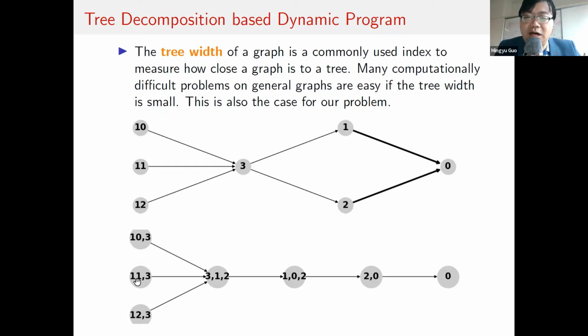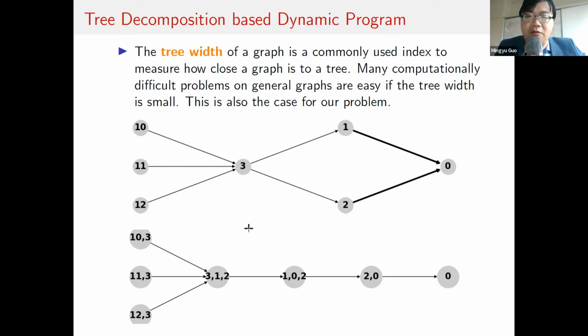The tree nodes are bags of original graph vertices. The definition of a tree decomposition is that you want to create a tree where every vertex appears at least somewhere, and also for every vertex, for example 3, it appears here, here, here, and here. For all the bags where 3 appears, the bags should form a subtree.